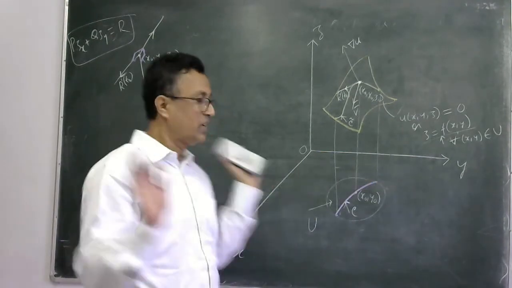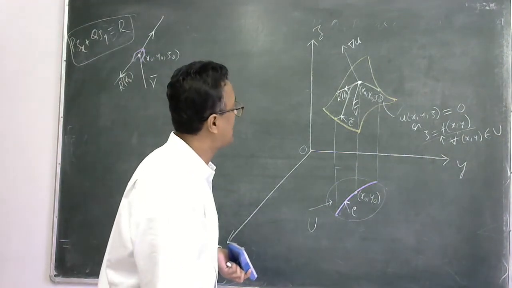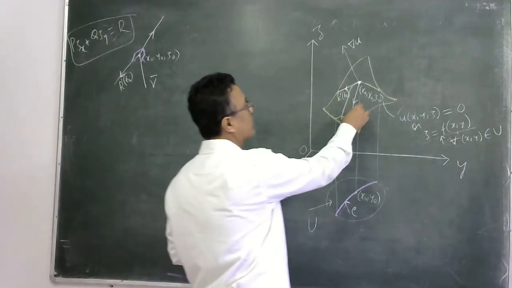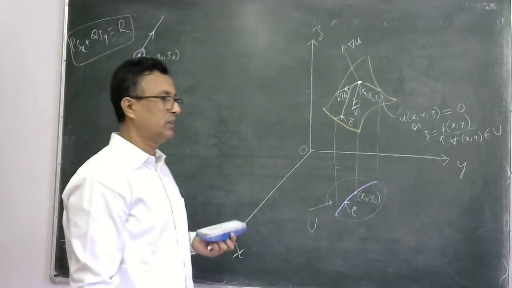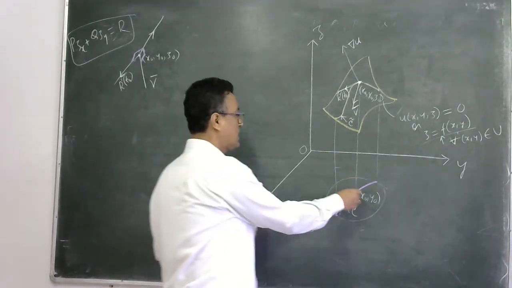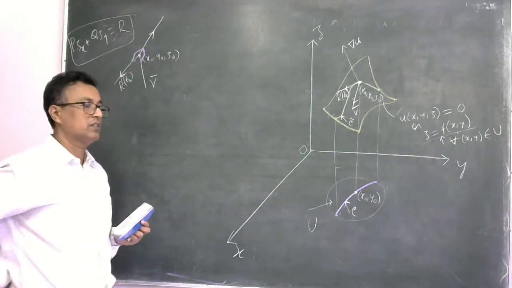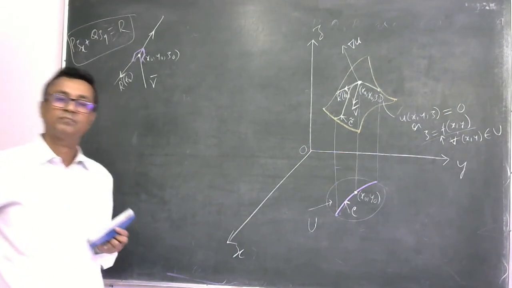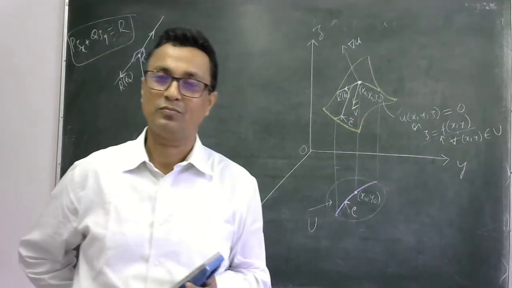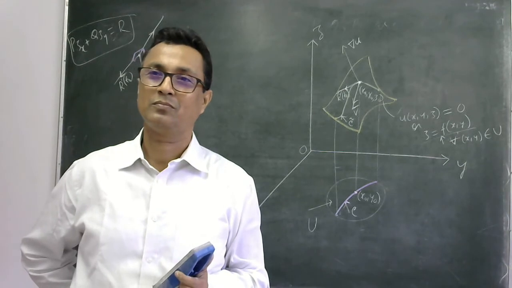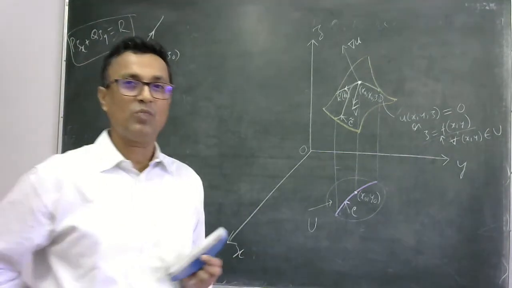Fine. Okay. So now let me ask you a question. Suppose I take the projection of V on the xy plane. Is that going to be a tangent to the curve C on the xy plane at the point x naught y naught?